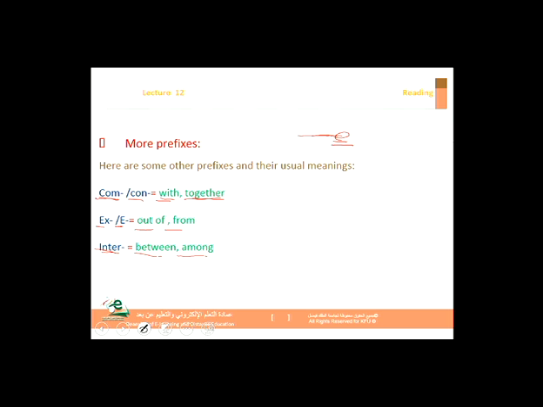When you combine things, you put together, so com plays a role in giving the meaning of this word. So combine, all right? Extract, or extra, right? Extra. Inter here means between or among.